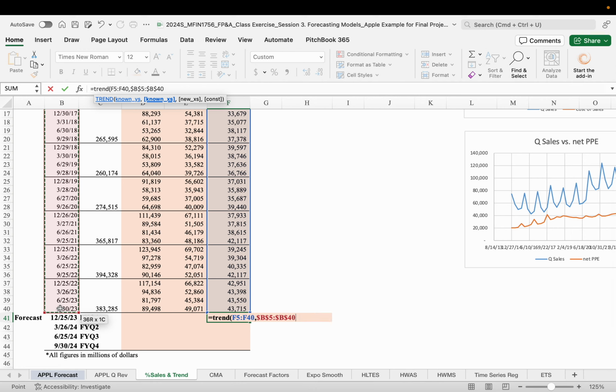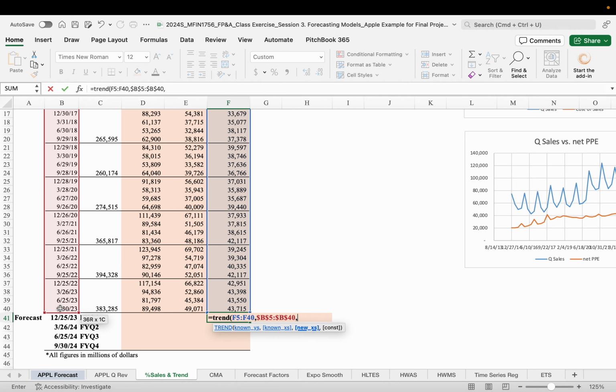I want to fix this, because I'm going to drag this to sales and the cost of sales, just to get the trend. And then we will see how this trend ignores the seasonality in the cost of sales and the quarterly sales.